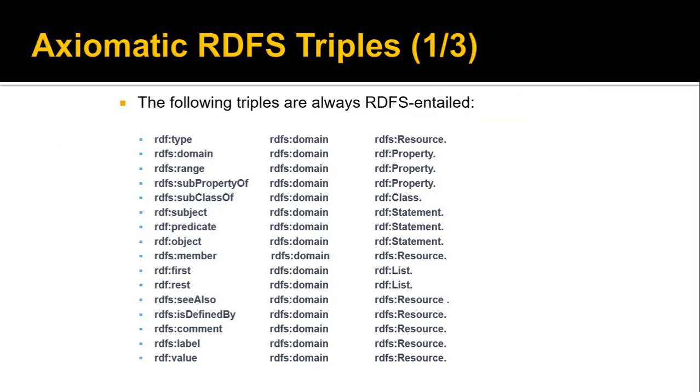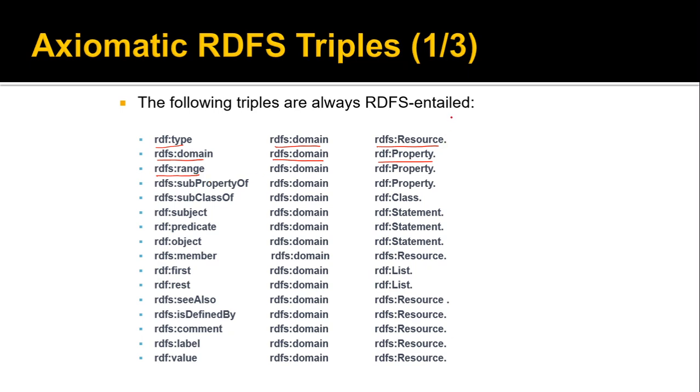Now there are many triples that are RDFS entailed, or RDFS axiomatic triples. For example, the RDF type has got the RDFS domain to be RDFS resource. The RDFS domain of RDFS domain is RDF property, which we have just discussed. So what would be the RDFS domain of RDFS range?